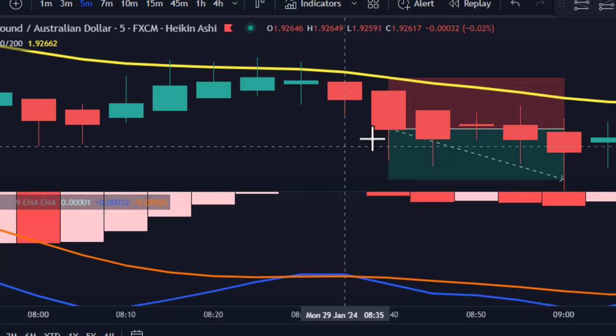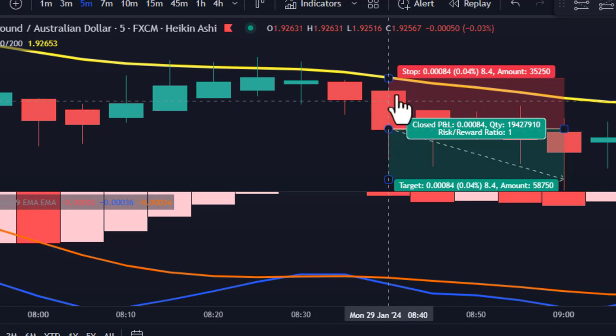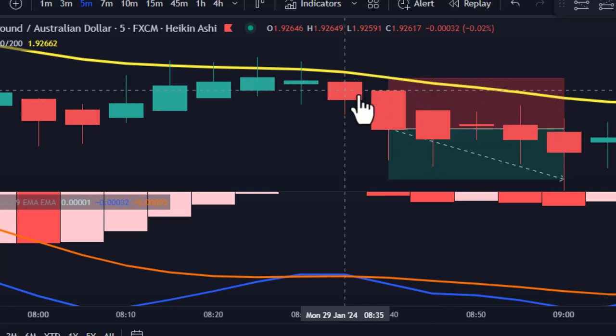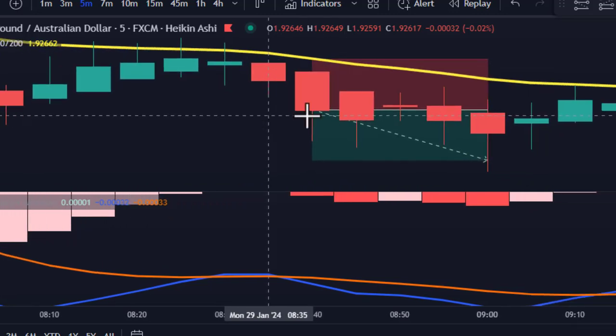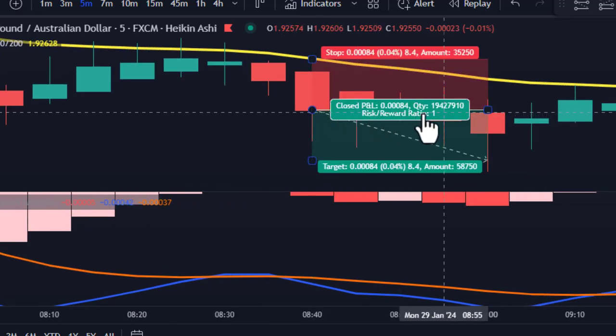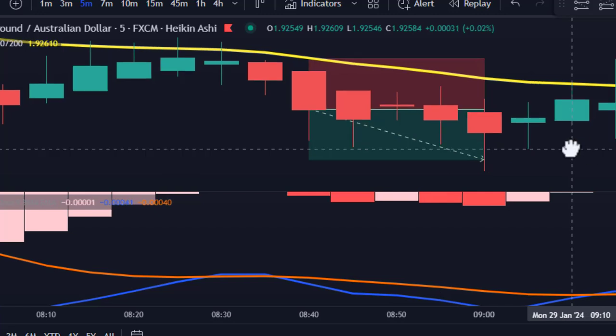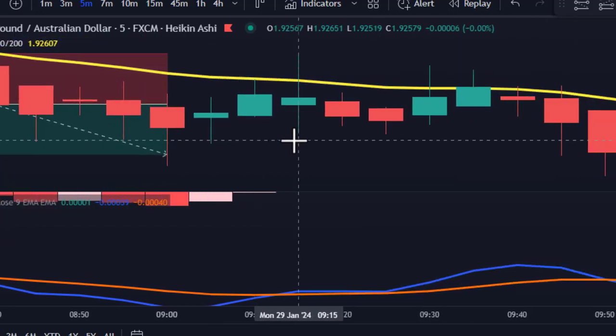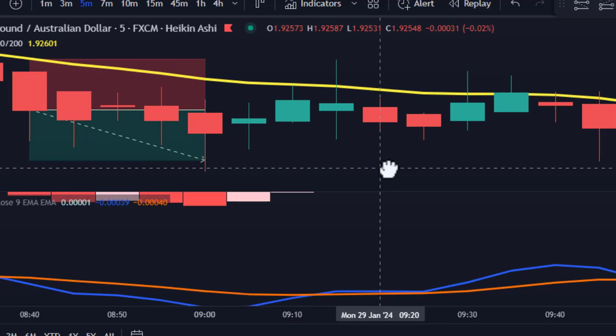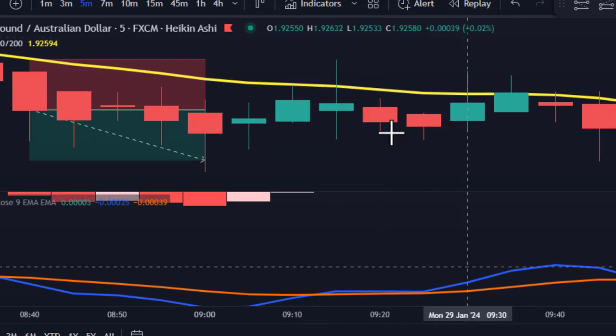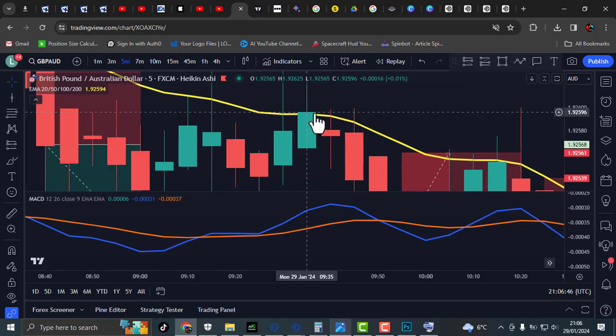So we're gonna enter our sell over here, and our stop loss is gonna be the opening of the previous candle, which is over here, and our TP is 1 to 1. That's another 1%. Let's call everything equal and a round number. So another trade TP hit. That's that, and then we're gonna check price over here, because if we take it, we have the price closing above the moving average.